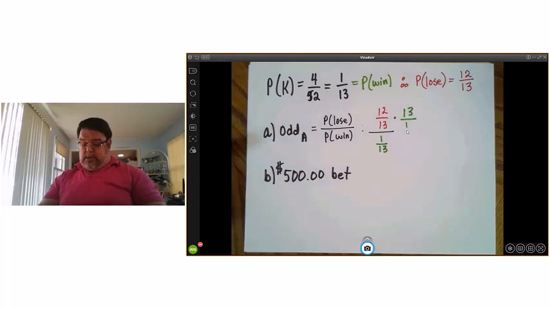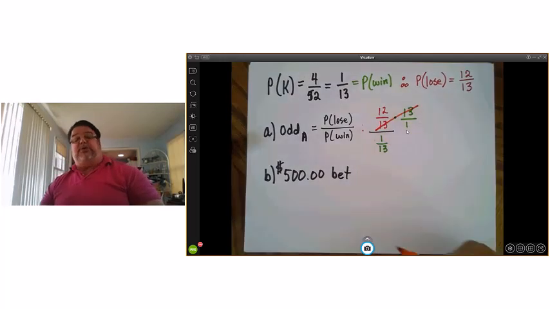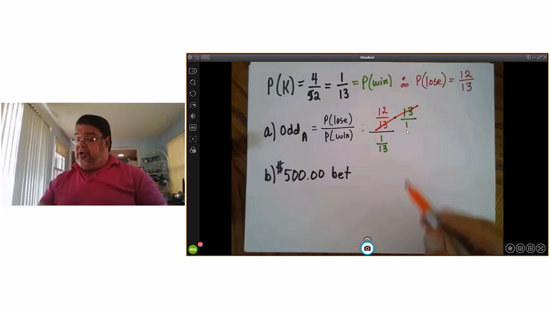Reciprocal. And the 13s will cancel, and that will happen every time. That's why you need to leave it as a fraction, so the 13s will cancel out.